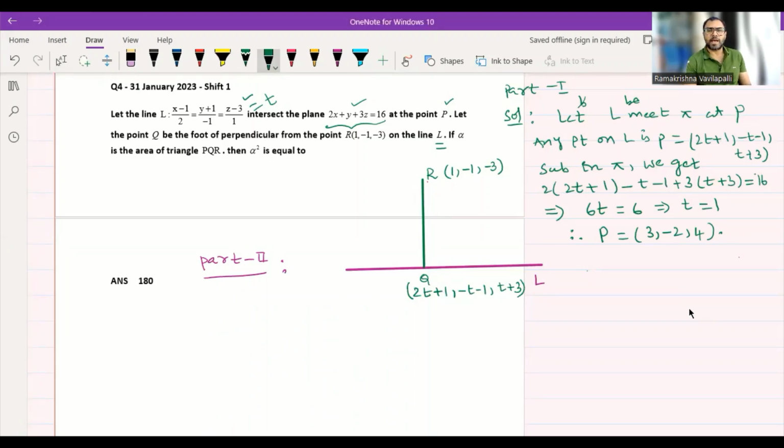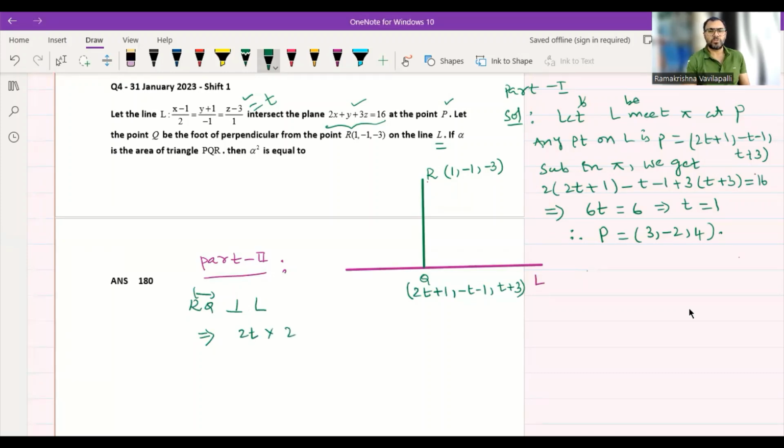Now clearly RQ is perpendicular to L. So two lines are perpendicular if and only if the product of their DRs equal to 0. So this implies, what are the DRs of RQ? DRs of RQ are 2t into line DRs 2, minus 1, 1.